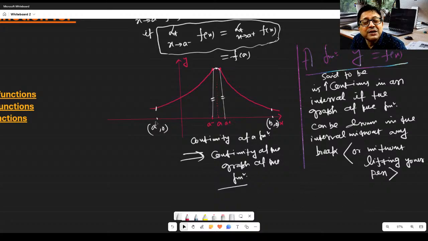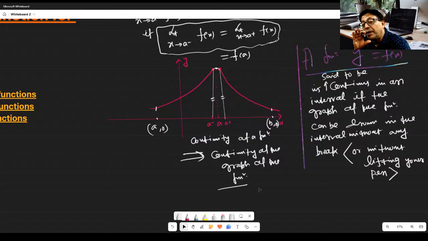So when you say that it is continuous in the interval AB, this condition of continuity is obeyed at every point in between, that is, left hand limit equal to right hand limit equal to functional value. Then we will say that the function is continuous.